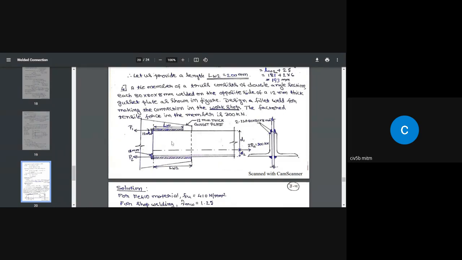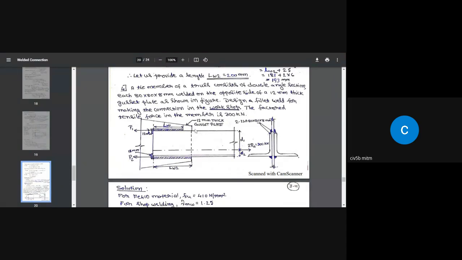And we are providing two angles. So what is the size of each angle? 80 by 80 by 8 millimeter. Okay. So this is an equal angle of thickness 8 millimeter. And those angles are provided back to back. So this is one angle, that is this angle you are seeing, and there is one more angle on the other side of the gusset plate.